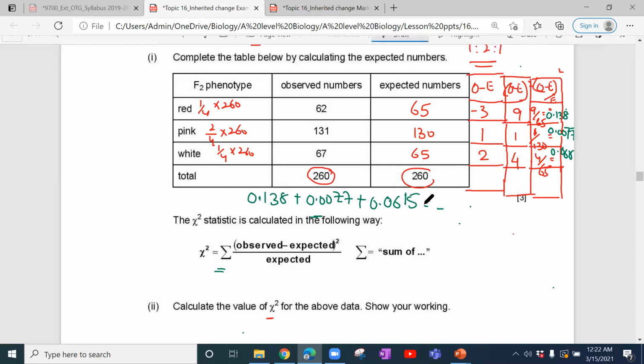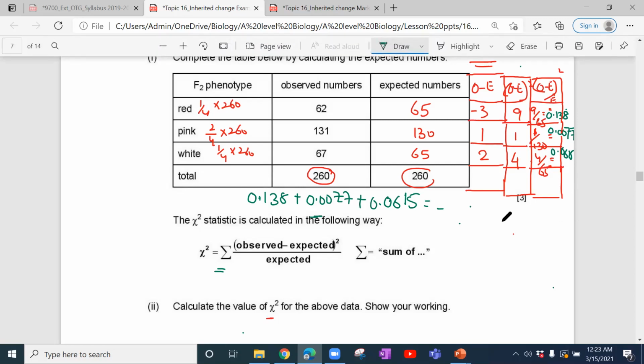Let's add these up, and we are getting 0.2072, or we could just round it to 0.207.